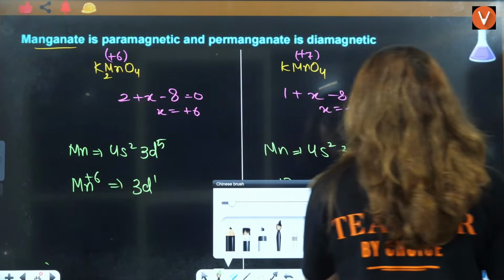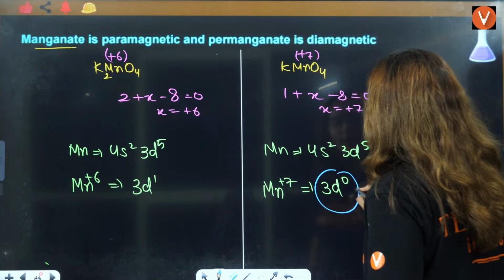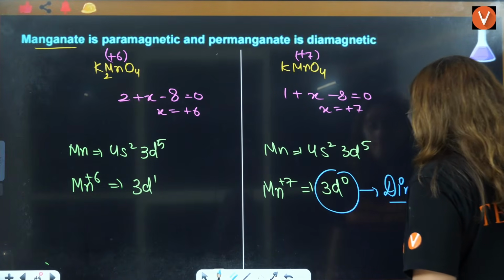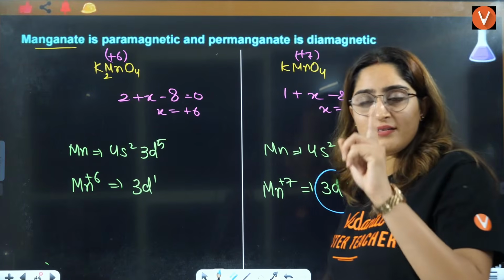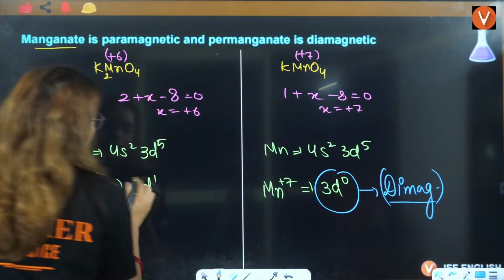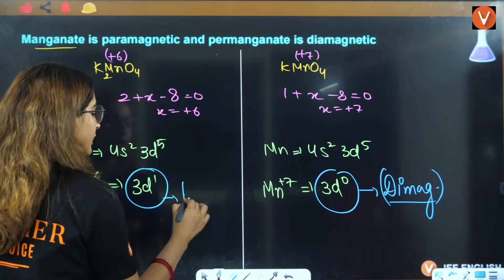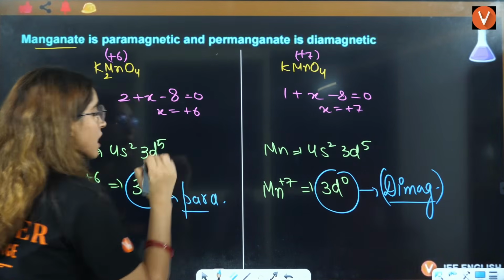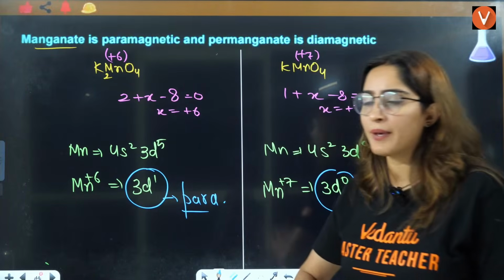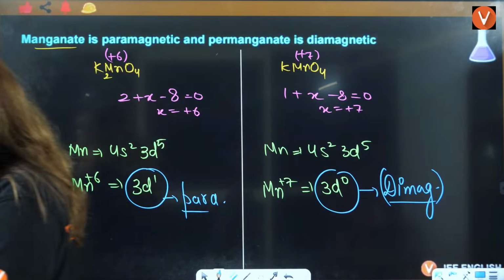And when there are 0 electrons, it is diamagnetic in nature. But this has color because of charge transfer, right? And here it is paramagnetic in nature because it has one unpaired electron. So that is the reason for the diamagnetic and paramagnetic character.